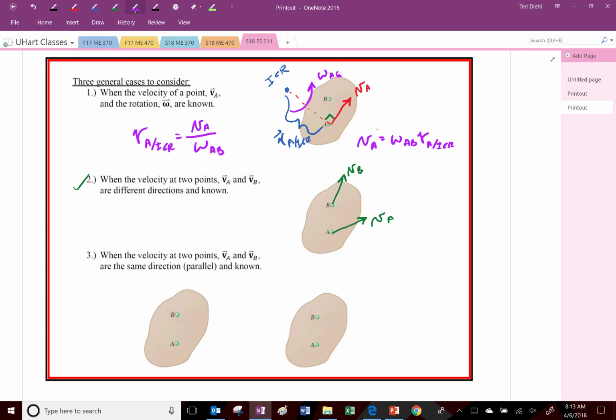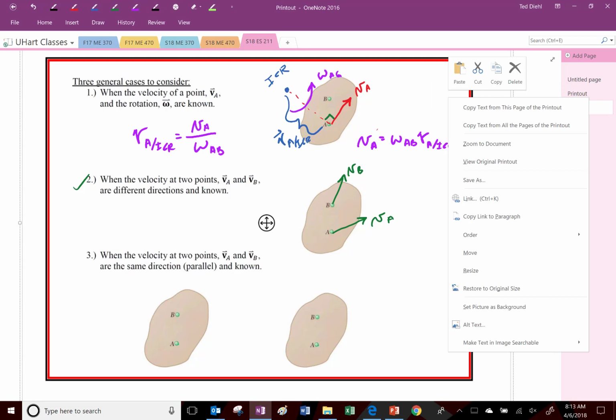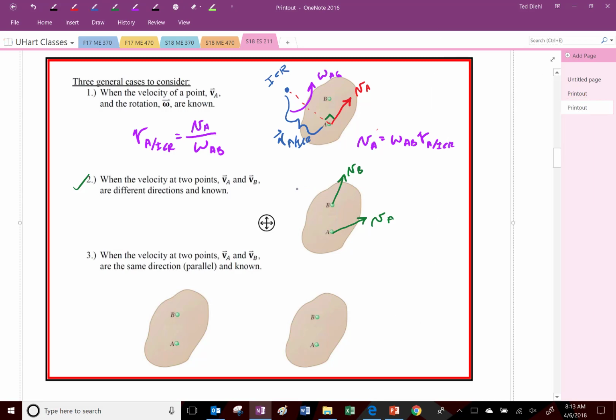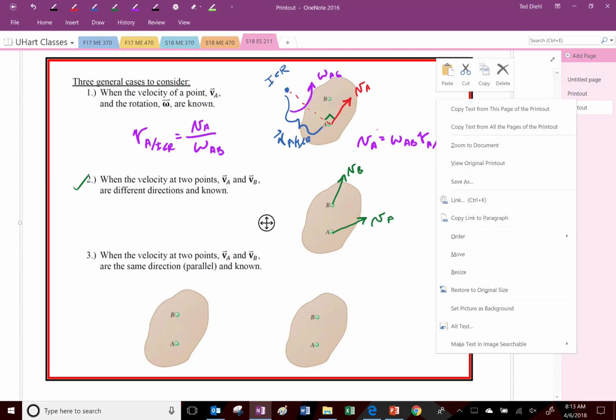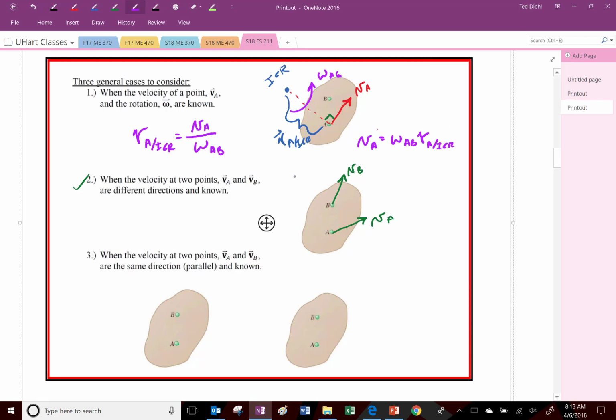we can draw lines. The palm is causing this thing to happen. I'm going to try to make them perpendicular, make them better here. So we draw a line that's perpendicular to VB, and we draw a line that's perpendicular to VA, and we find where they cross, and that's the ICR.